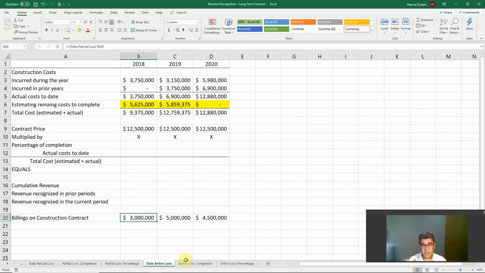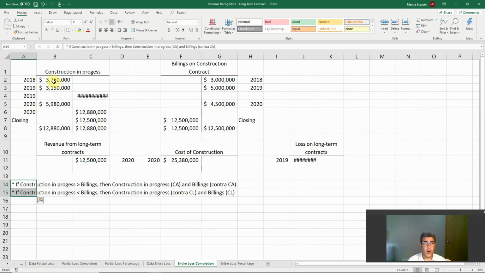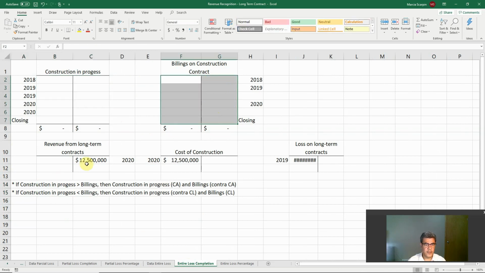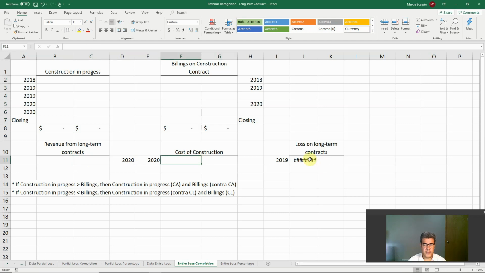So let's focus on the first one, based on the entire loss when we record it only at the end of our contract. So let's delete it here, delete it there. So construction in progress, that is our costs.